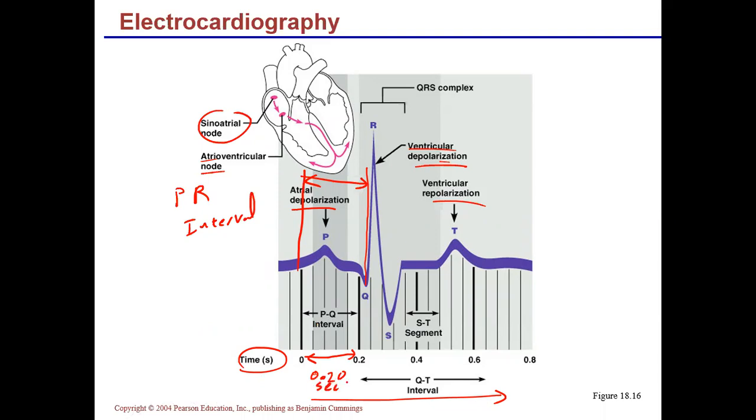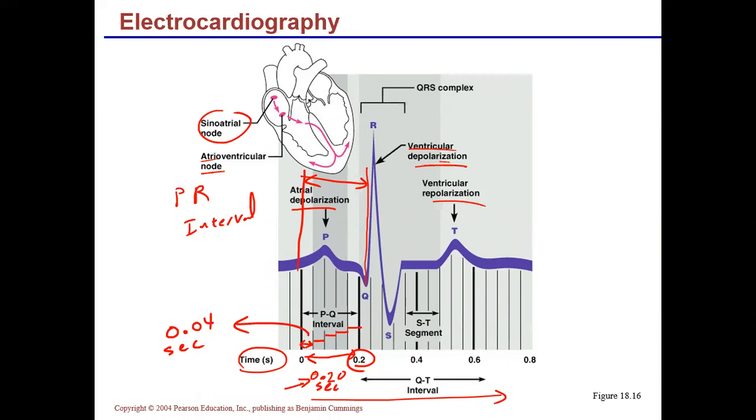Because these are equal distances, 1, 2, 3, 4, and 5 of these, if I want to know how long one of these small areas is, I have to divide 0.20 seconds by 5, which gives me 0.04 seconds. That's what it's telling me. So if you add 0.04 plus 0.04 plus 0.04 plus 0.04 plus 0.04, you get 0.20.